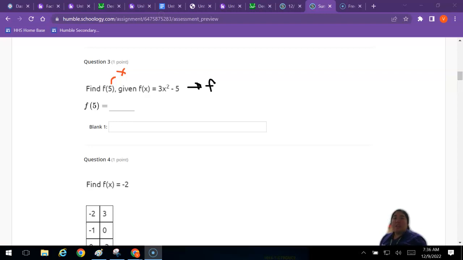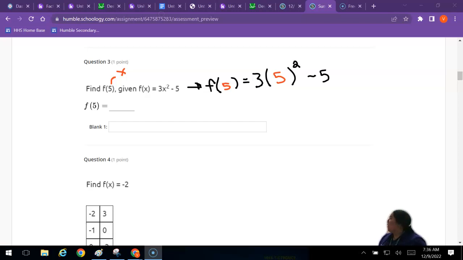So instead of f of x, I'm going to write f of 5 equals 3, and instead of x, what am I going to write, y'all? 5. And I still follow the equation. It's got to be squared minus 5. Okay? So I got all this for question 3.